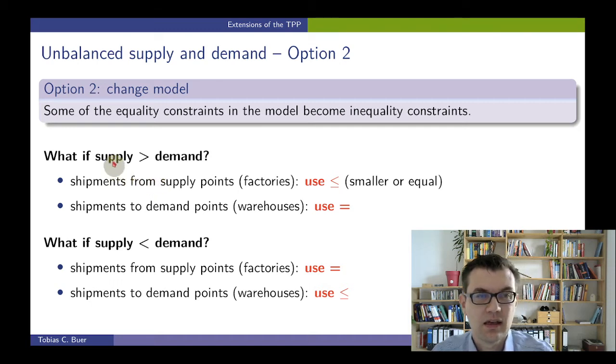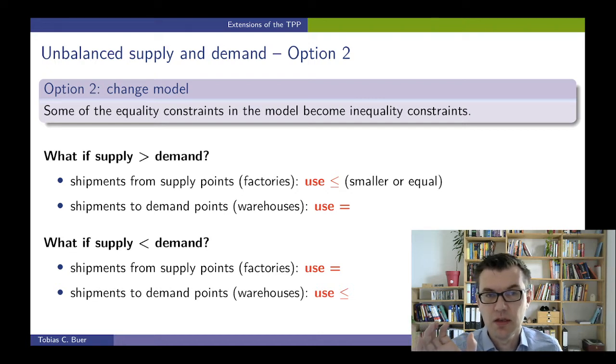In case that the supply at the factories is in total bigger than the demand at the warehouses, though the warehouses are the limiting factor, the demand of the warehouses needs to be fulfilled, we can leave the shipments to the warehouses with the equal operator. There's no need to change, but we need to change the shipments from the factories to the warehouses to the smaller or equal operator.